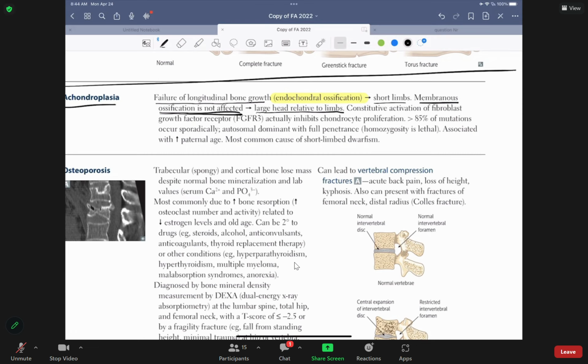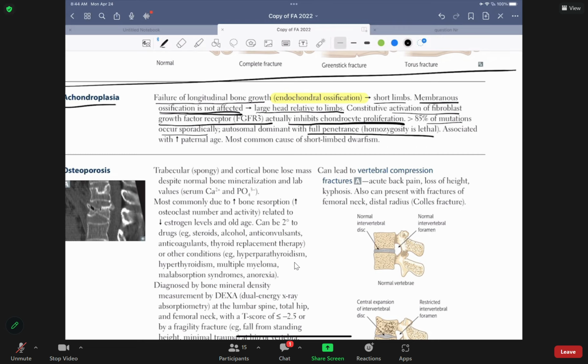Now, this is due to a mutation that inhibits chondrocytes. Look at that. They never developed proper cartilage. And we know in endochondral ossification, you need to develop cartilage first before you get to the bone. Is that clear, folks? More than 85% of the mutations occur sporadically, with autosomal dominant full penetrance. What is full penetrance?